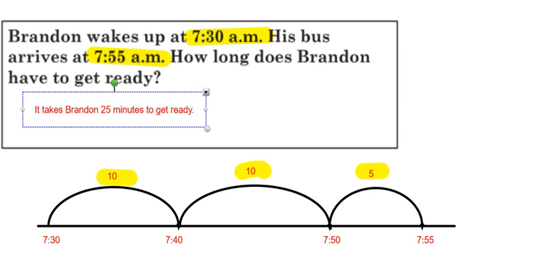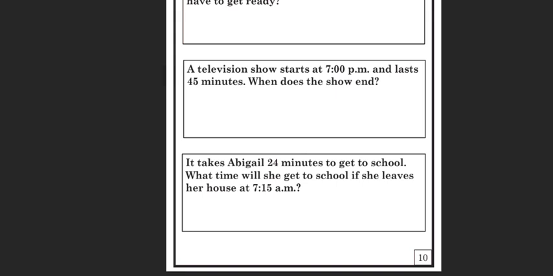So when we look at the other 2 exercises on that page, the next exercise is this one. A television show starts at 7 p.m. and lasts 45 minutes. What time or when does this show end? You're going to do exactly the same thing. A number line from 7 and count 45 minutes to tell me the ending time. This one. It takes Abigail 24 minutes to get to school.